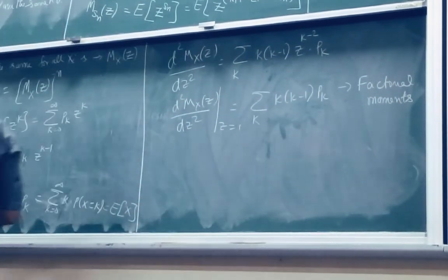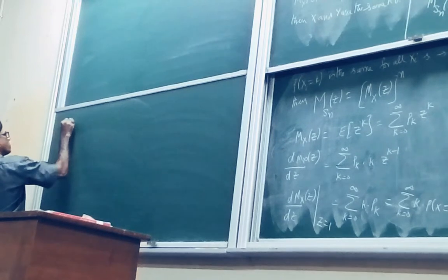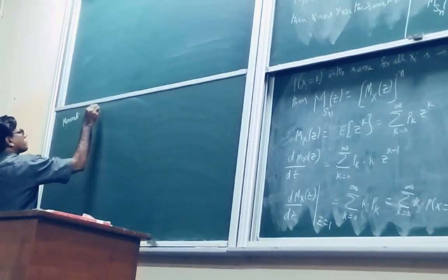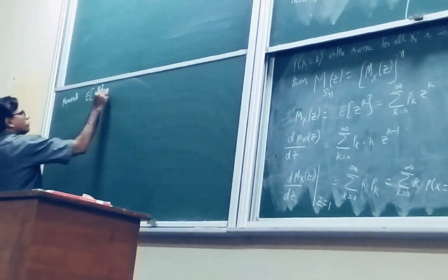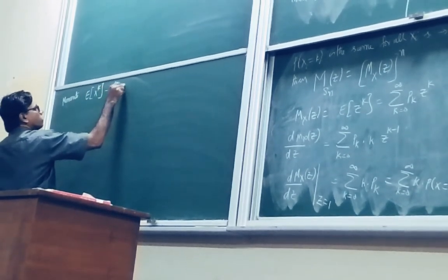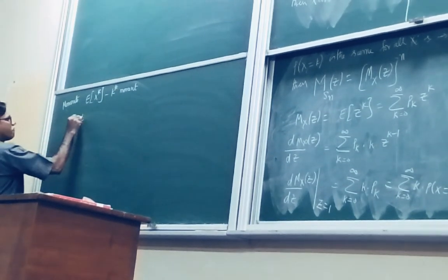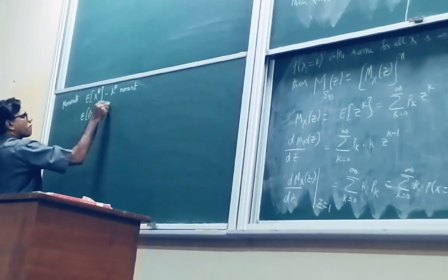So, right now we have been having the following kinds of moments. This is the kth moment. Then we have x minus mu x, power k.